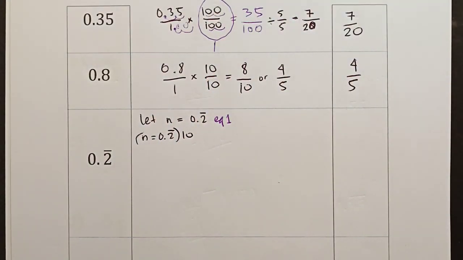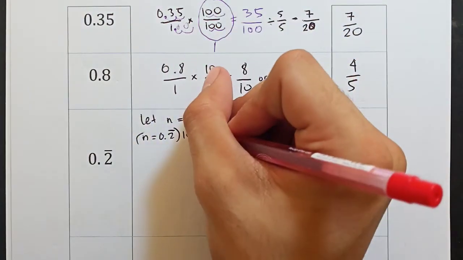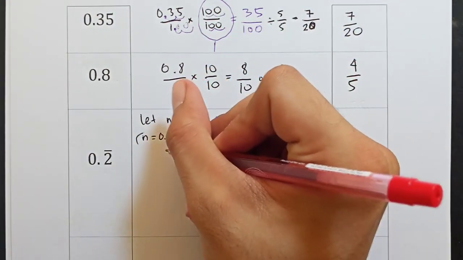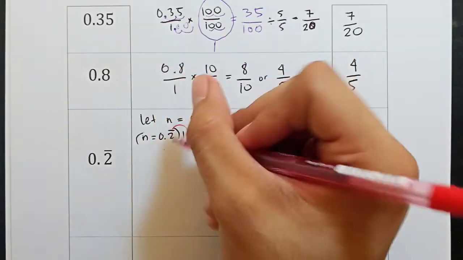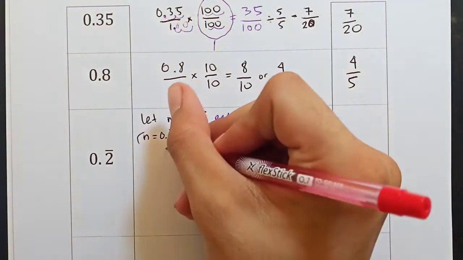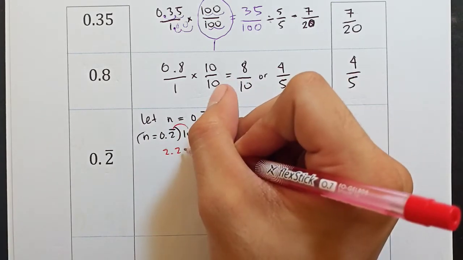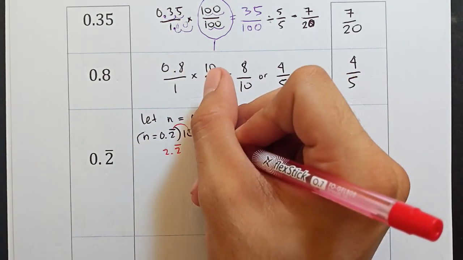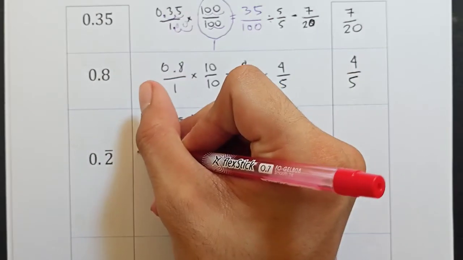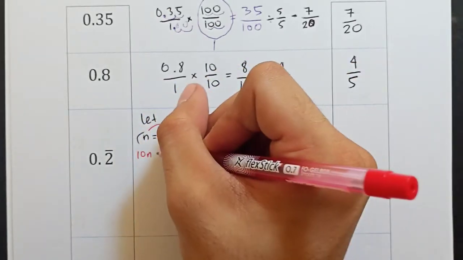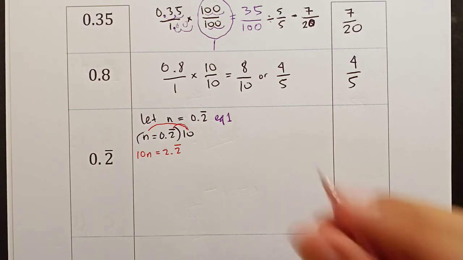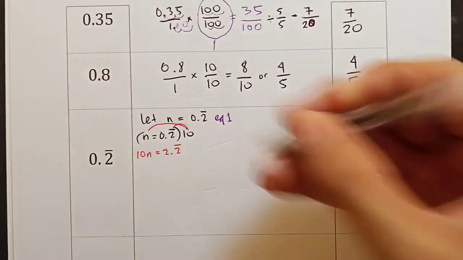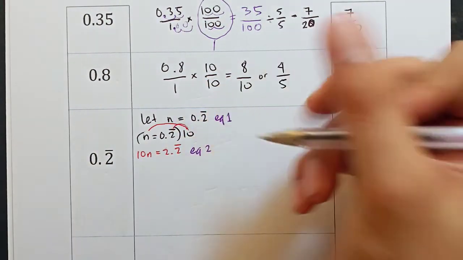So, kapag tinimes natin yan, 10 times 0.2 bar is 2.2 bar. Then 10 times n will be 10n. Then ito yung magiging equation 2.